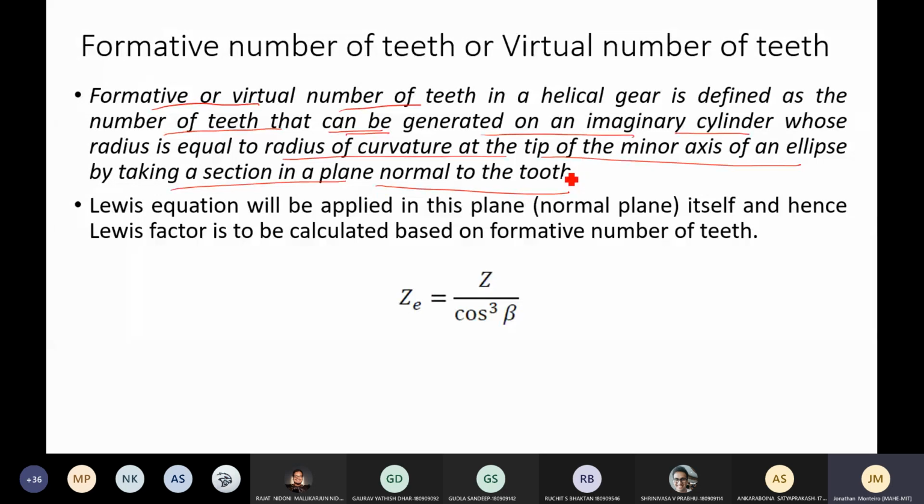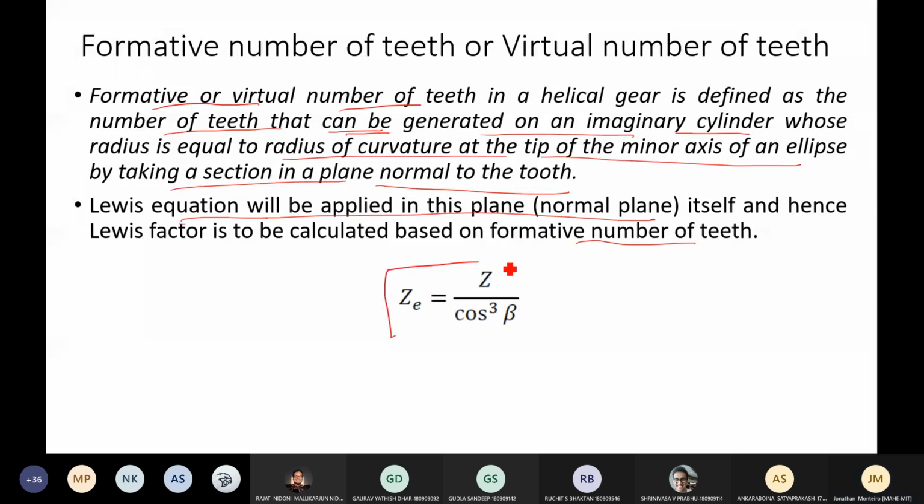Since Lewis equation was described only for spur gearing system, the Lewis factor to be considered is based on the formative number of teeth. So this is the equation that is going to change everything. ZE, or the virtual number of teeth, will be equal to the actual number of teeth. This is actual.